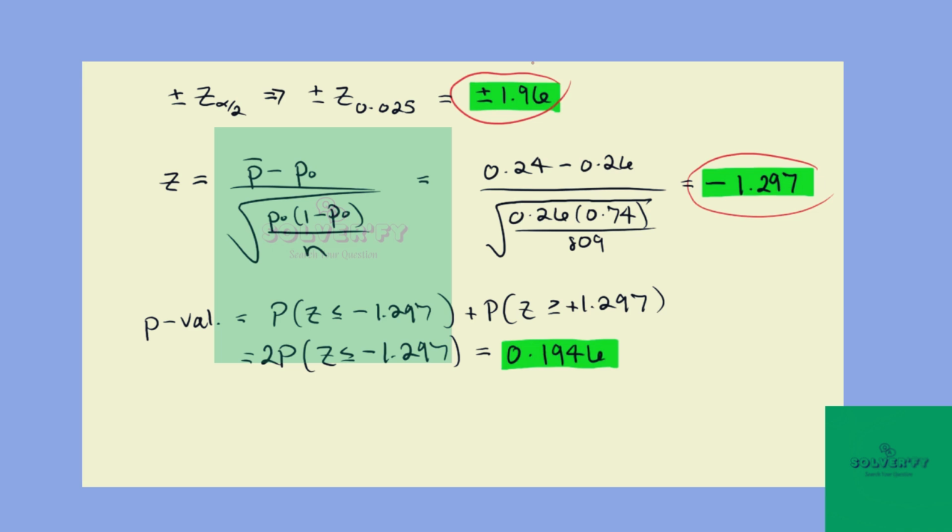So minus 1.297 is not more negative than minus 1.96, which tells us that we fail to reject the null hypothesis. And the other way is to compare the p-value to the significance level. Recall that the significance level was 5%, or 0.05, and the p-value is not smaller than the significance level, and therefore we fail to reject the null hypothesis.